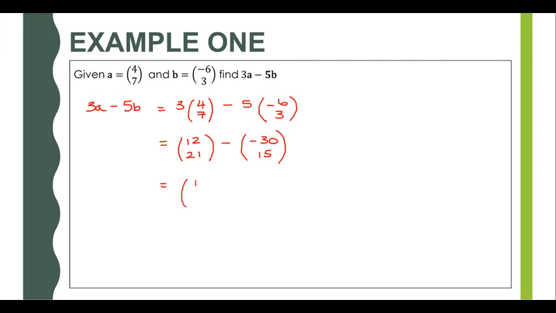So 12 minus minus 30, and our y component 21, take away our second y component 15. We can simplify this, so 12 minus minus 30 is the same as 12 plus 30, which gives us 42. And then 21 minus 15 gives us 6.